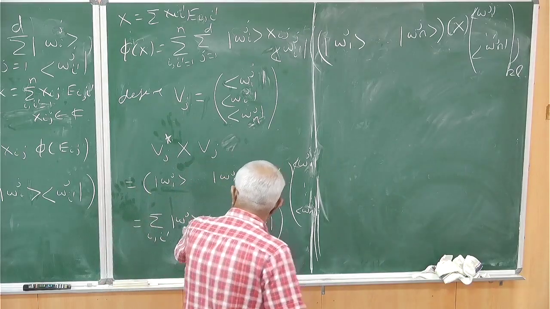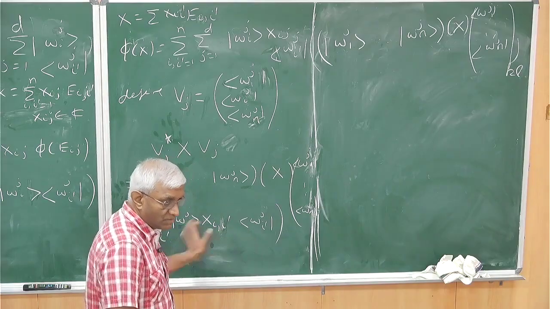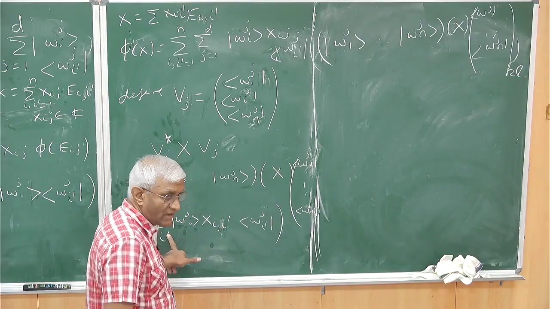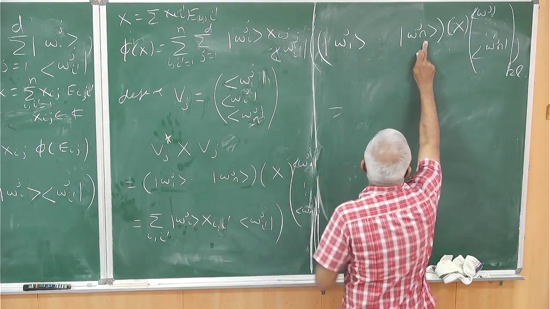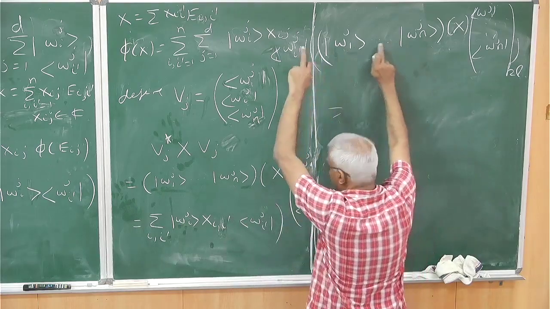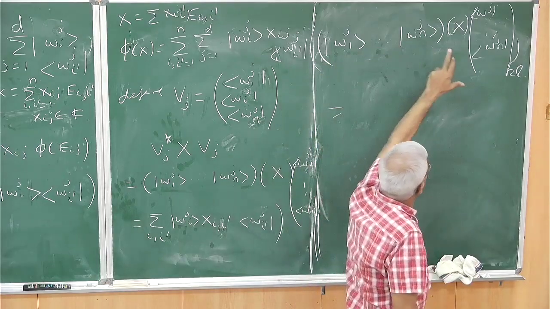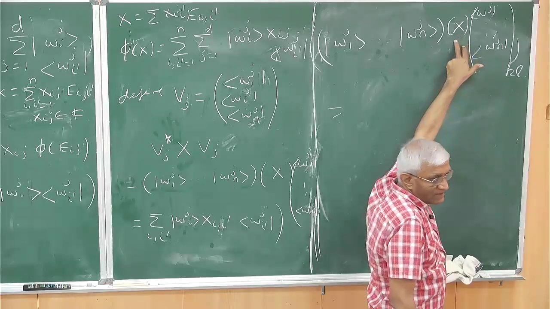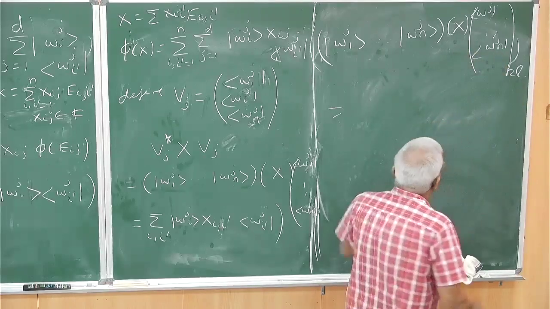So the kth entry of this is this. That is just clear. This is just a scalar. You can take it out. You just have to take the ki entry of this, multiply with the i prime entry of this, and take the i prime l entry of this. That's what you will get, right?